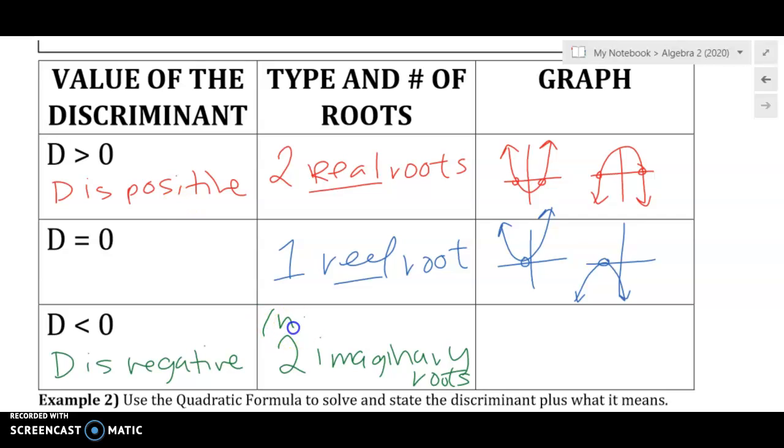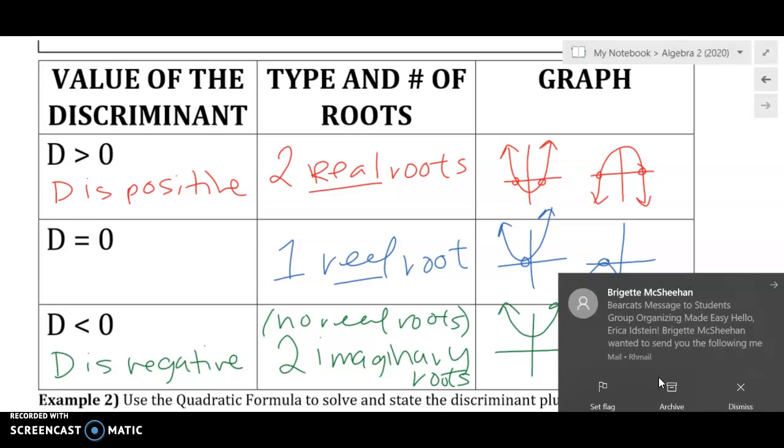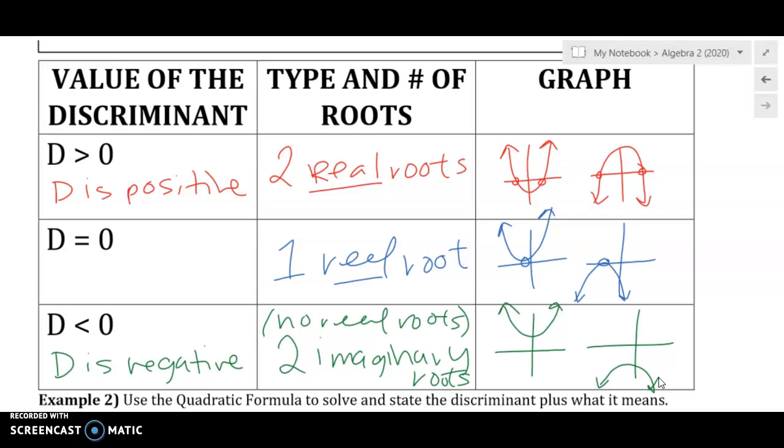Basically, that means you have no real roots. You have 2 imaginary roots. And your picture is going to look something like this floating graph. It doesn't cross. Or this floating graph. It doesn't cross. Those would be no real roots. They're imaginary solutions, so you cannot see them. And it would look something like that.